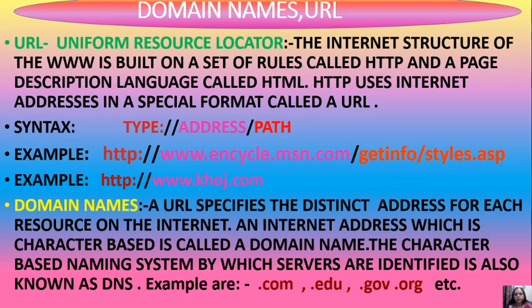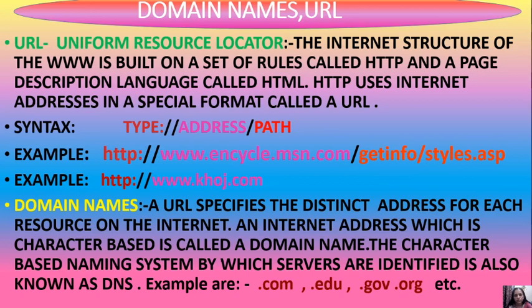Now the next point is domain names and URL. First we will discuss URL. URL stands for Uniform Resource Locator. The internet structure of the www is built on a set of rules called HTTP and a page description language called HTML.